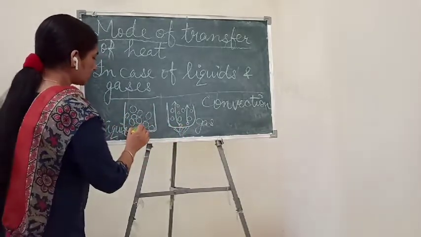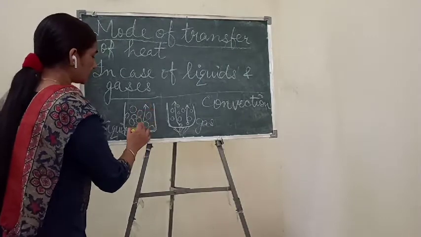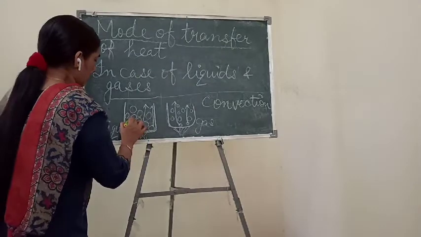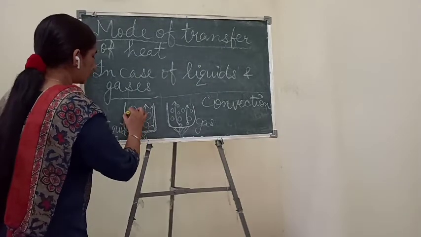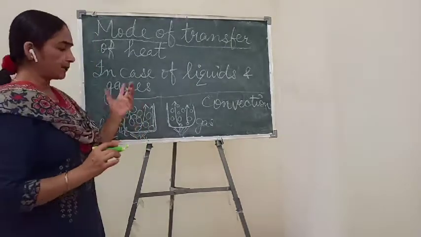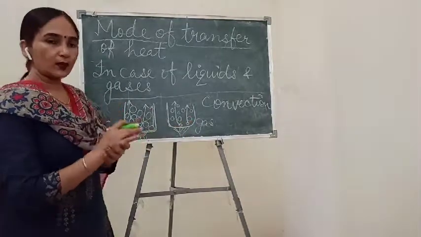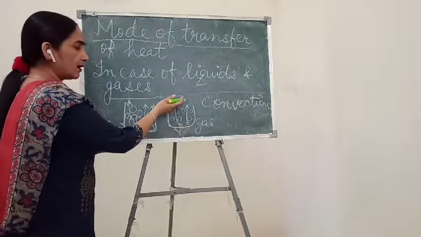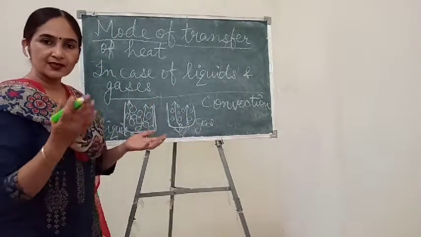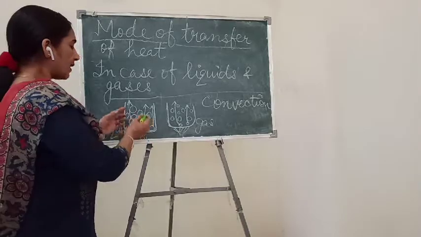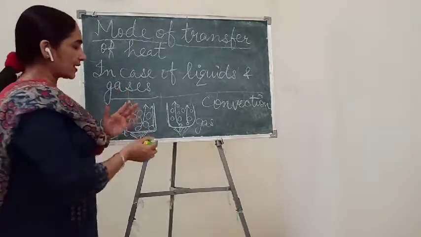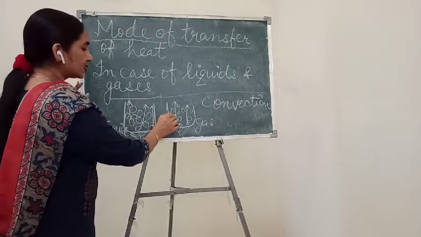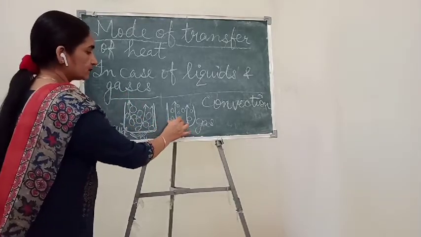This molecule, when heated, starts its movement upward. This also, when it gets heated, moves upward. The hot molecules easily move from the base to the upper surface of the liquid, and side by side the cold molecules which are not heated start moving downward.